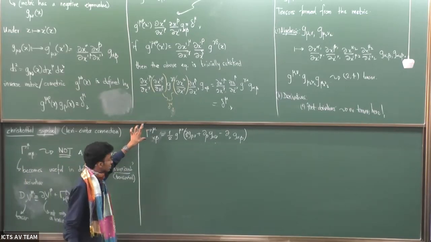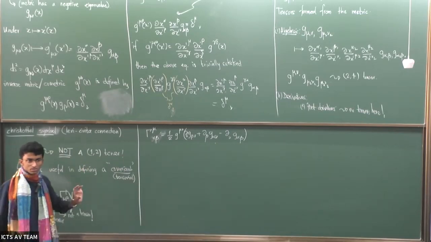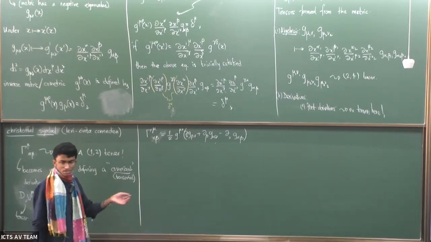And then he asked you to check from here that the Christoffel connection has some transformation law. Now that's quite a tedious exercise which we can do. If you really want to do it next class, maybe we can sit and do it.